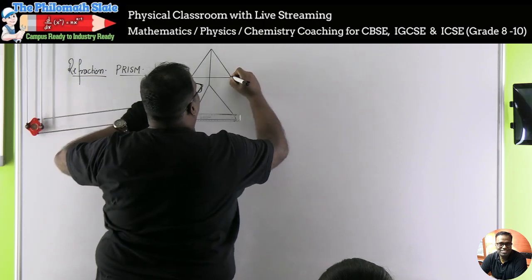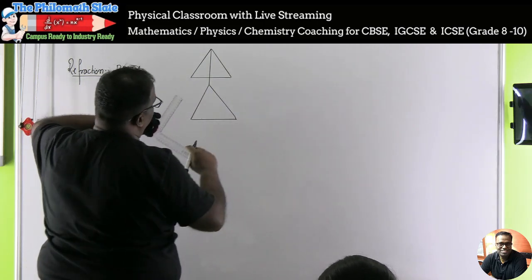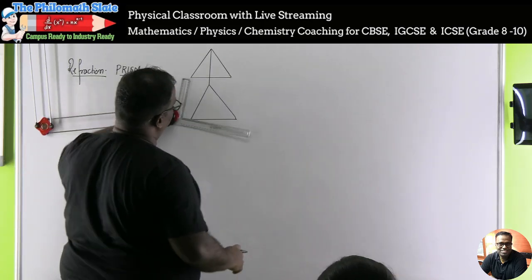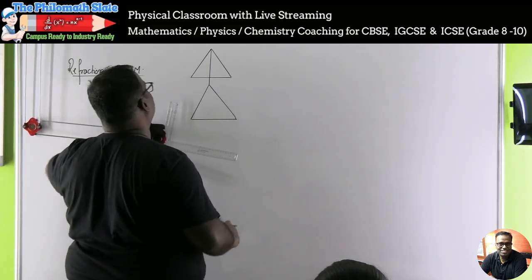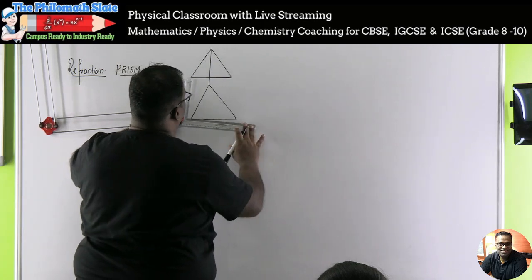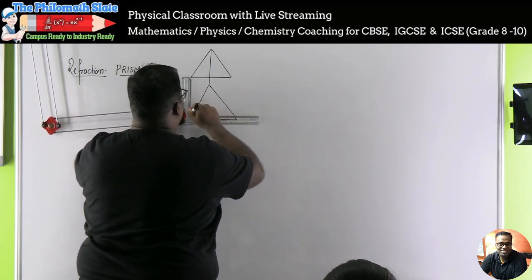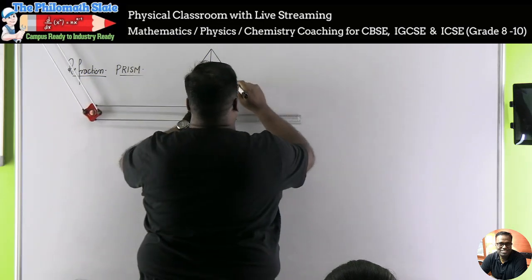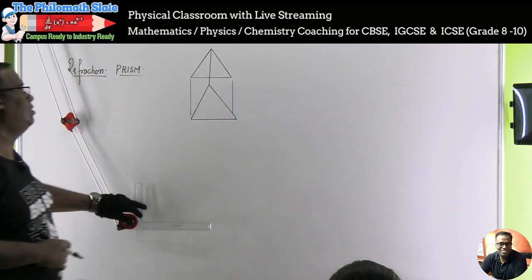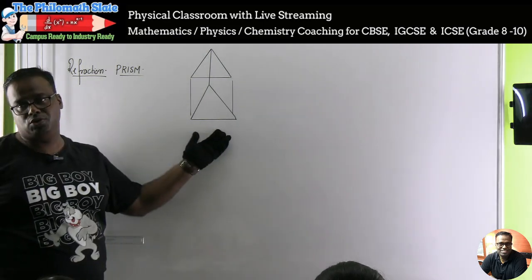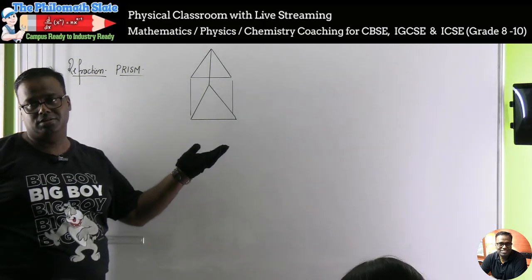Roughly. Then join here. Mine will not be that accurate because this is approximated. This is like a prism. This is a rectangular prism, okay? Base is a rectangle. Have you understood?